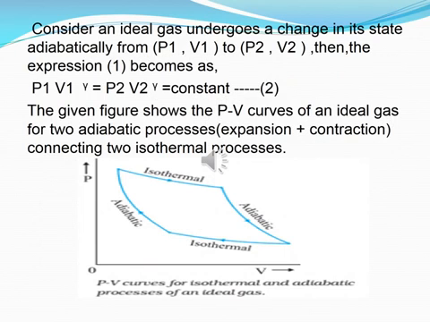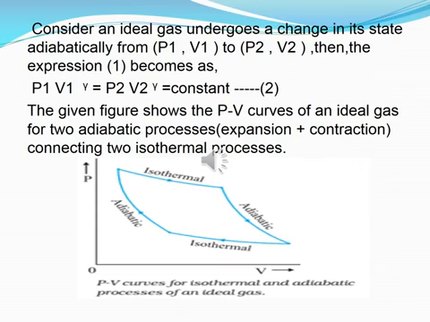If an ideal gas undergoes a change in its state adiabatically from the state P1V1 to the state P2V2, then the expression 1 becomes P1V1 raised to gamma is equal to P2V2 raised to gamma, which is constant. It is the expression 2.